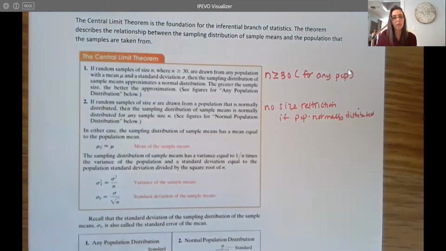If you have a population that's already normally distributed, maybe like heights or weights, then you can have smaller sample sizes. You could have a sample size of 10, and the means are still going to be more bell-shaped when you have a whole bunch of them put together.